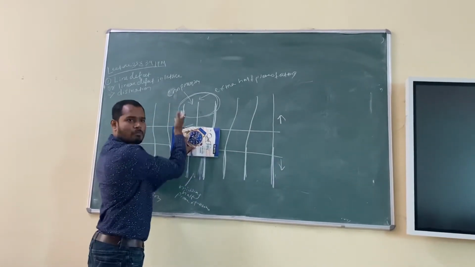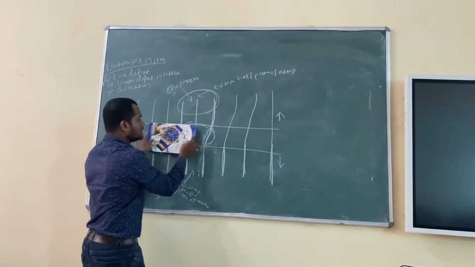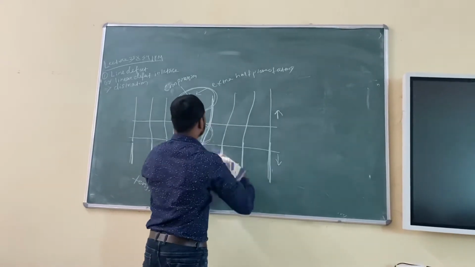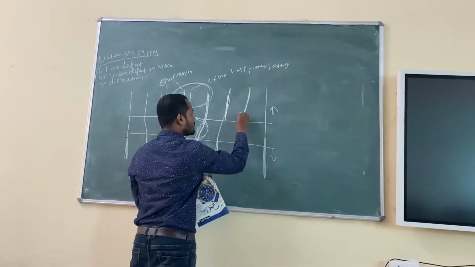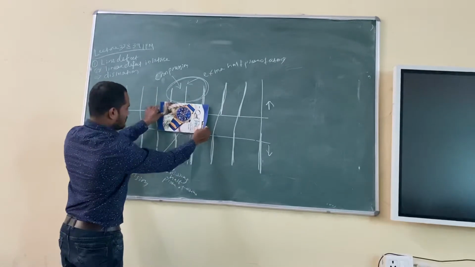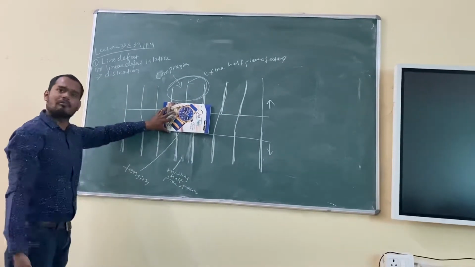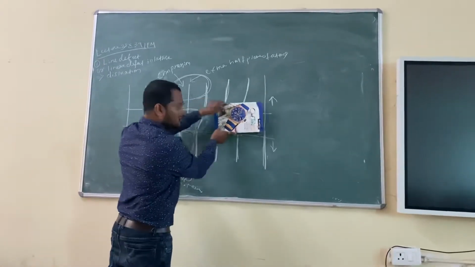Now just have a look at the top part. Is there any difference? All are the same, right? Make it straight somewhat. Everything is fine. Similarly, if I look at the bottom part, everything is fine. Yes or no? Everything is fine, right?